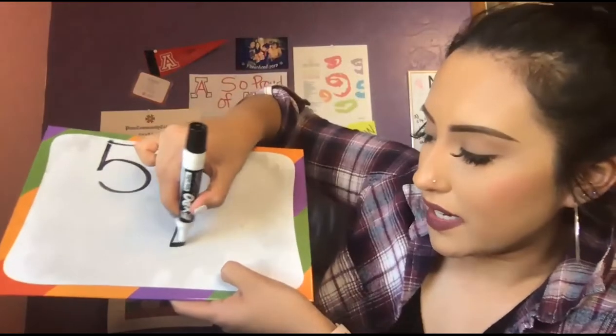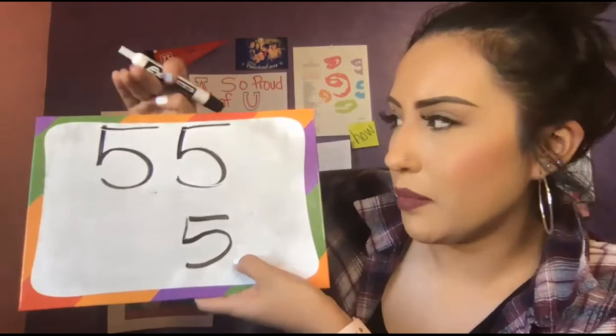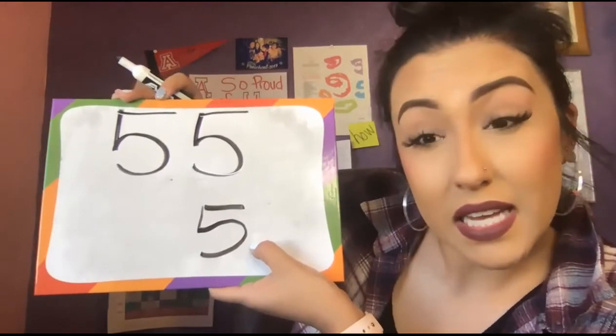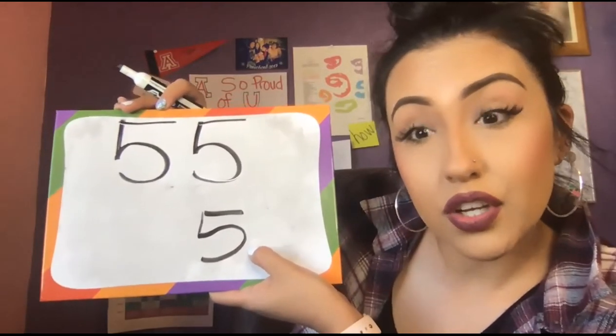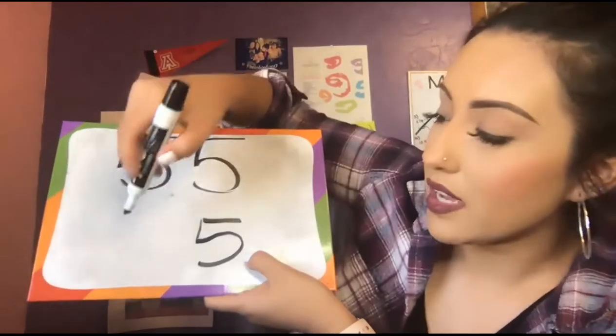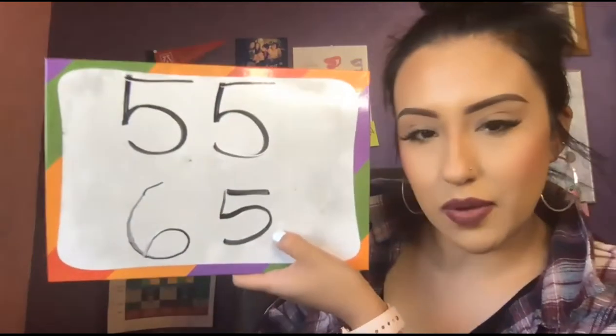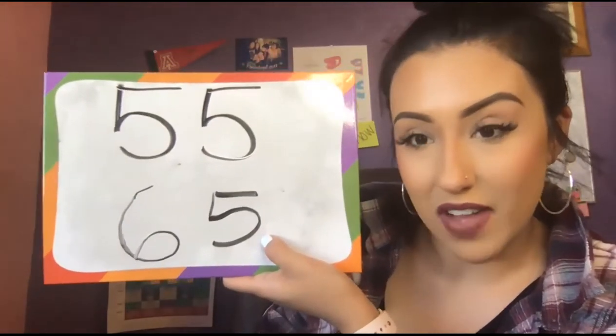No, so my 1 stays the same. Now in my 10s spot, am I getting more in my 10s spot? Yes, how many more? Good, 1 ten, which a 1 and a 5 makes 6. Good job, so I'm getting 65. Very nice job.